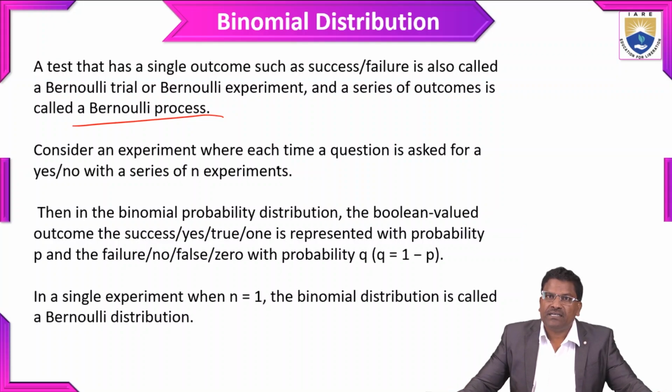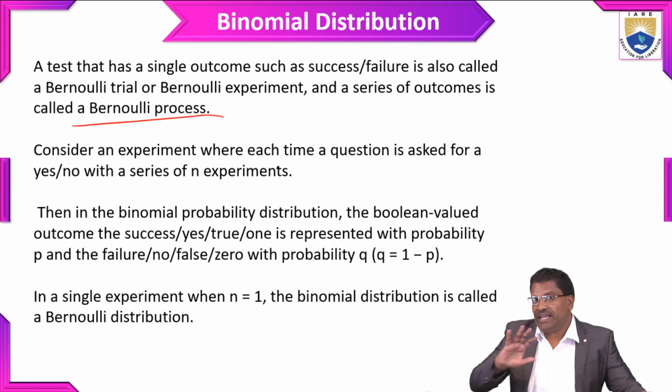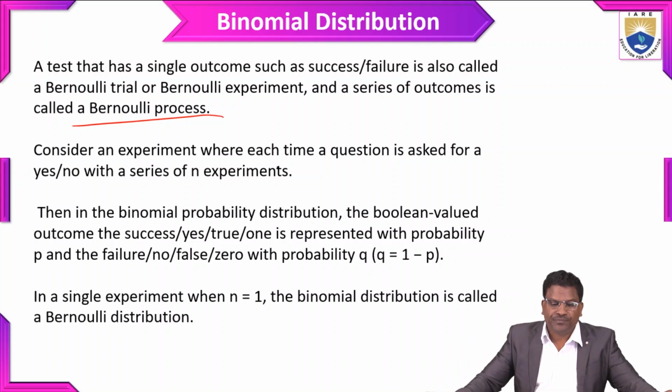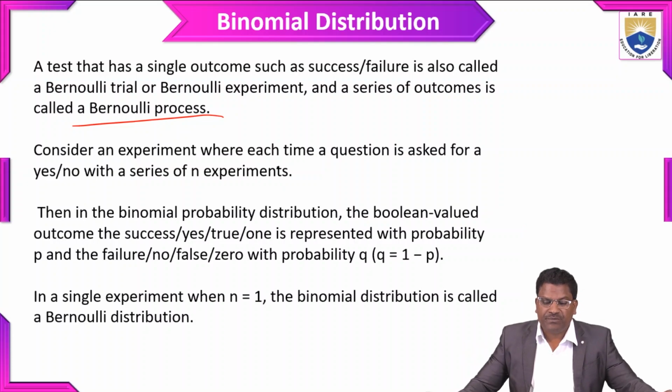Consider an experiment where each time a question is asked for a yes or no, with a series of n experiments. Then in the binomial probability distribution, there is a Boolean valued outcome.